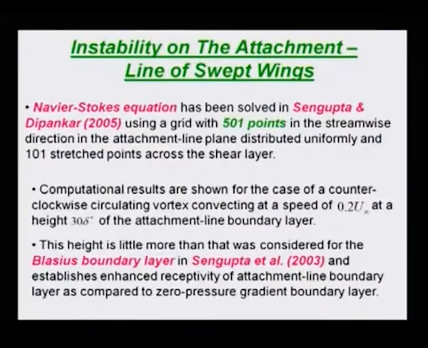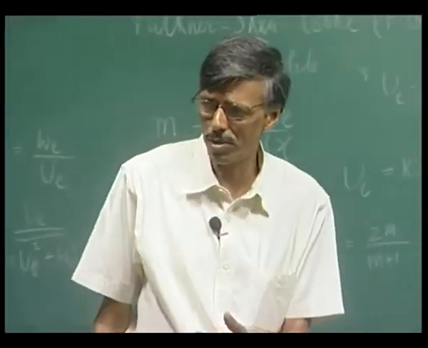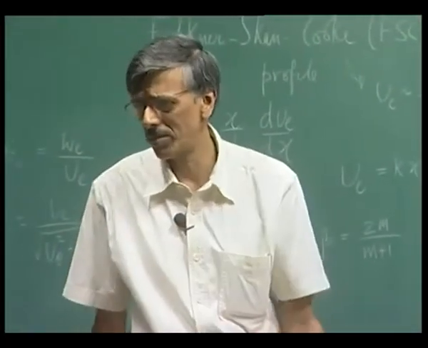Okay. This height is slightly more than what we had done in the experiment, where we had taken something like 27.5 delta star. So, we will look at it and see how stable or unstable this is with respect to the Blasius boundary layer. Okay.